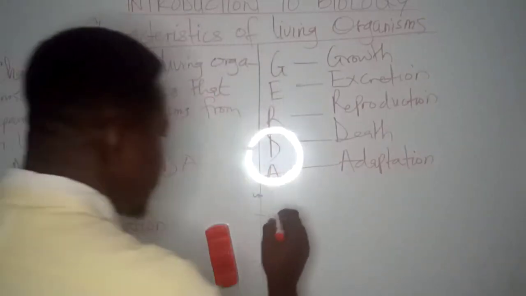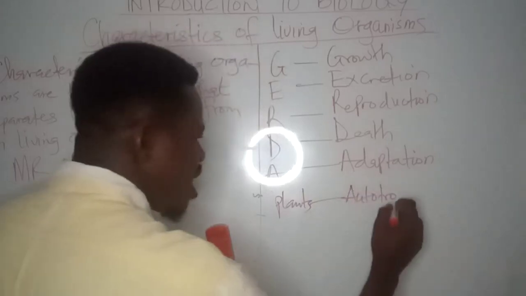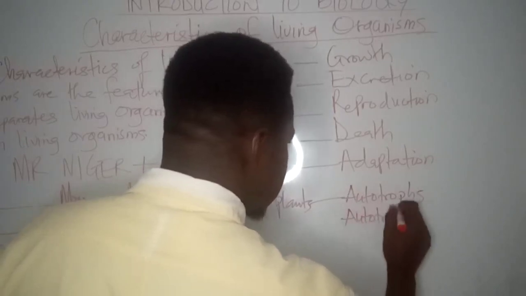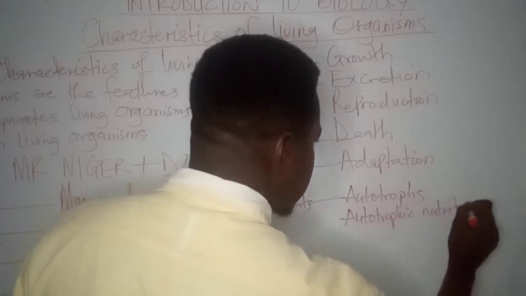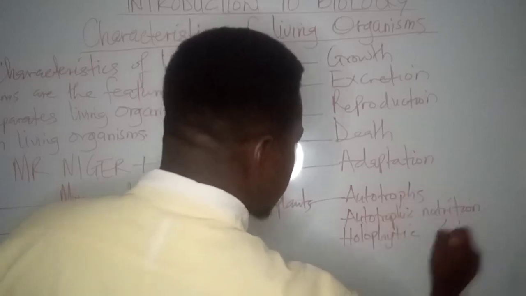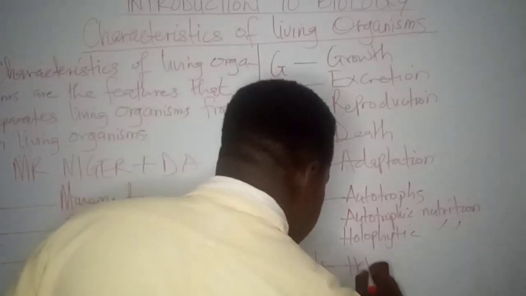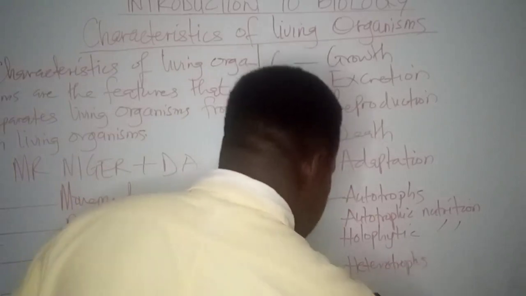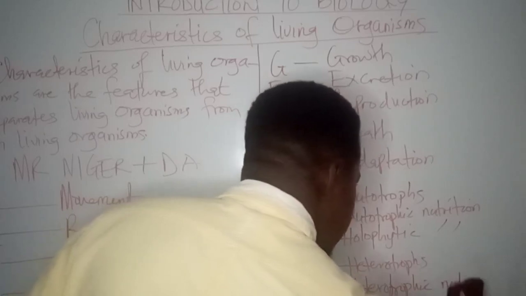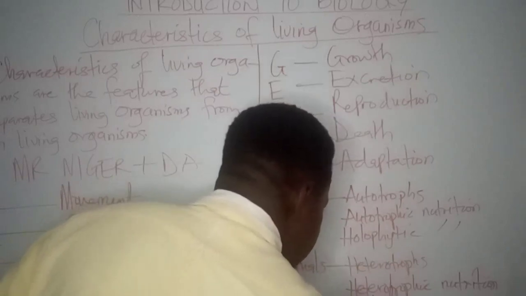On the basis of nutrition, plants are autotrophs, and they undergo autotrophic nutrition, or you say holophytic nutrition, whereas animals are heterotrophs and they undergo heterotrophic nutrition, or let's say holozoic.